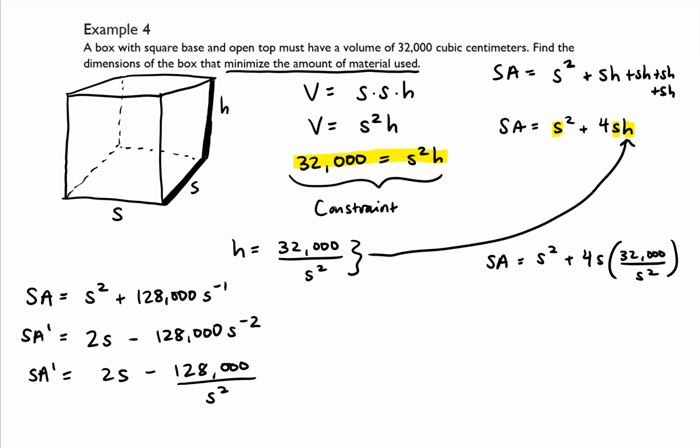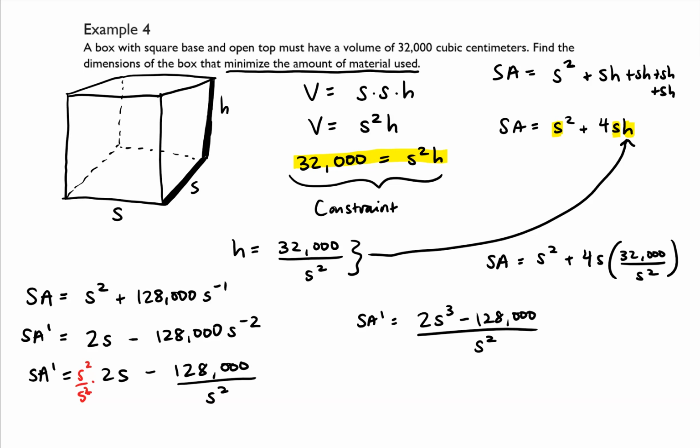So I'm going to multiply this by s squared over s squared. And if we do that, then we get that the derivative of the surface area is equal to 2s cubed minus 128,000 over s squared. And we want to set that equal to 0.